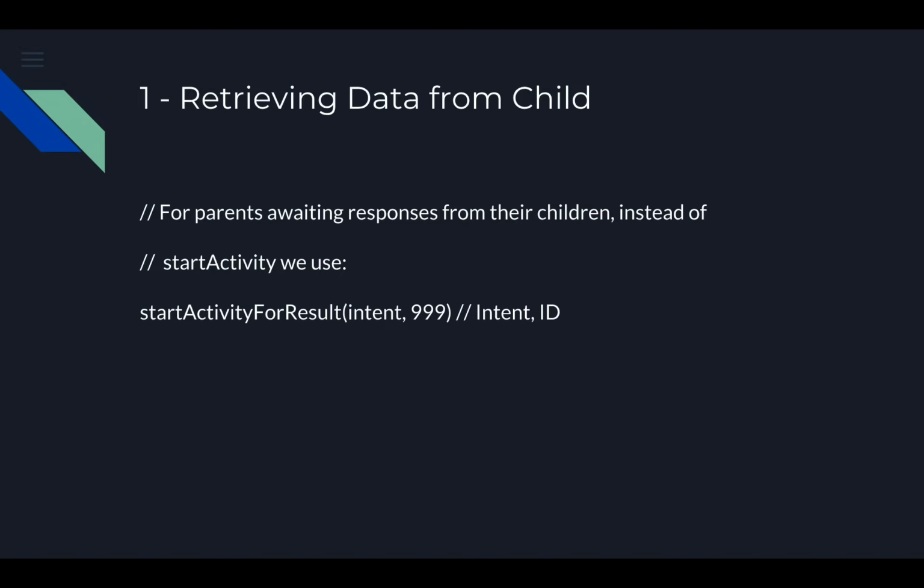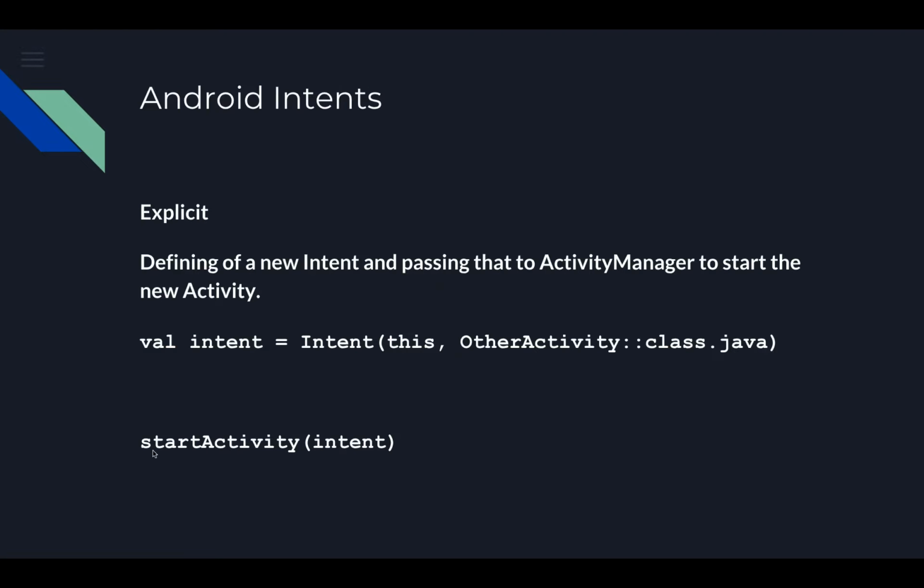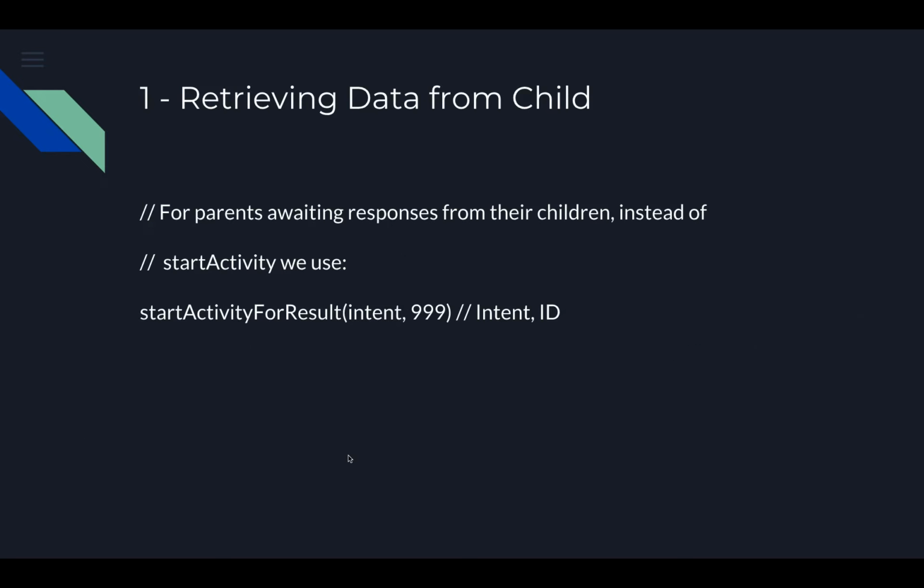All right, so that's a one-way interaction. We're passing that data from the first activity to the second activity, but what if we want to pass data back from the second activity to the first? Well, instead of startActivity, where we just simply say startActivity and pass in the intent, we say startActivityForResult.